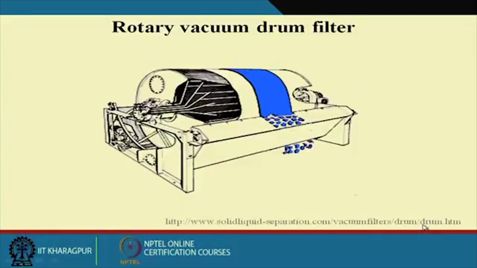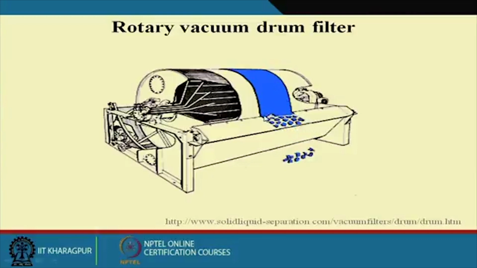Now this is the drum, this is rotating, and this is the muslin cloth that is on it, and inside we have different pipelines. So we apply the vacuum here, and this is immersed in a trough. This is the trough where your fermentation liquid comes, and it is rotating at a very low speed, 1 RPM, 1 revolution per minute.